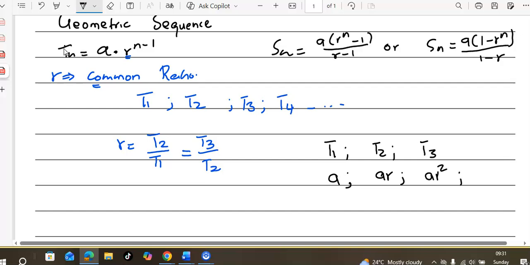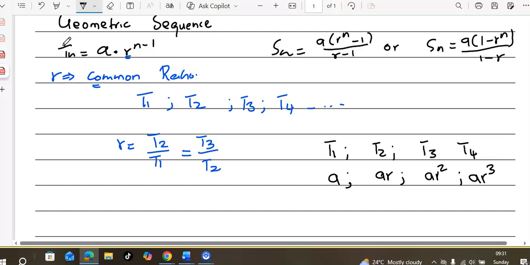So I think you can see the pattern. What will be term 4? It should be AR to the power what? Remember, we started with 3. To the power 3. Exactly. To the power 3.